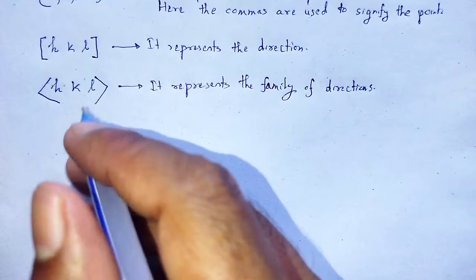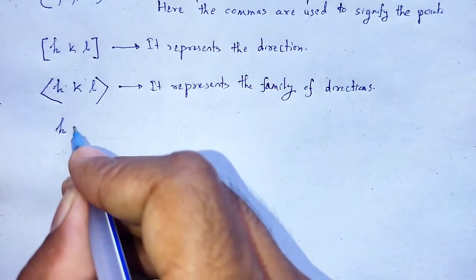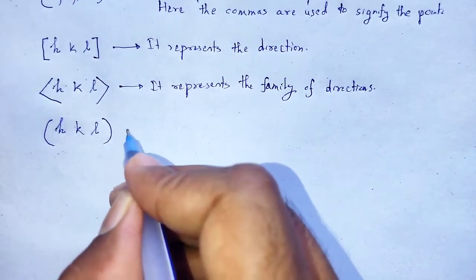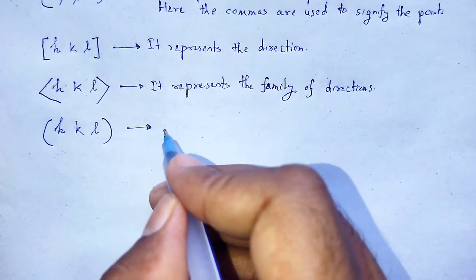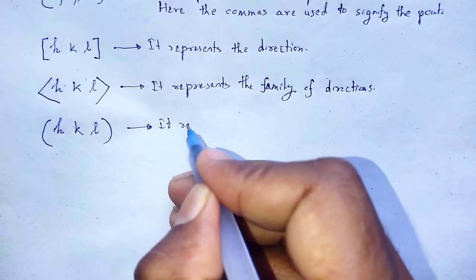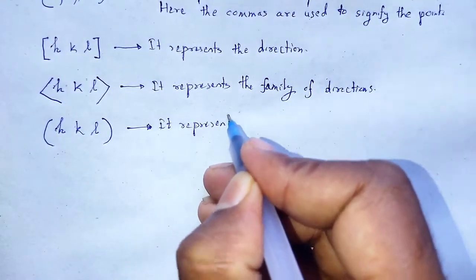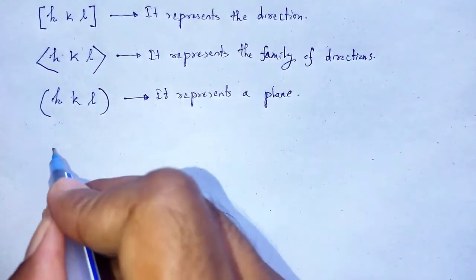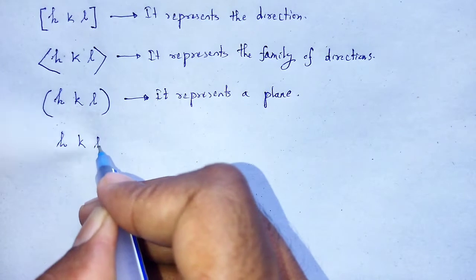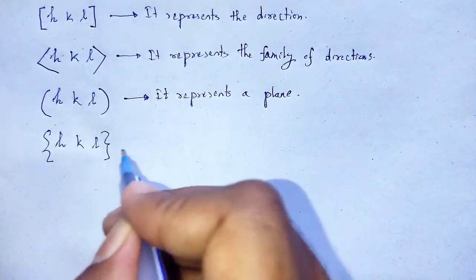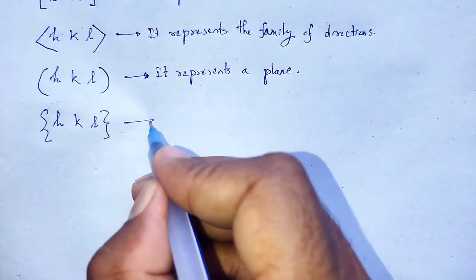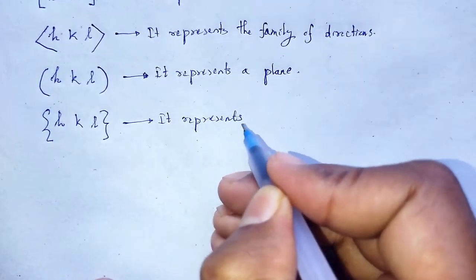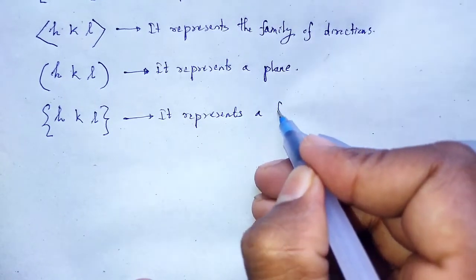Another way to represent: if it is (h k l) within round brackets, then it represents a plane. If {h k l} within curly braces, then it represents a family of planes.